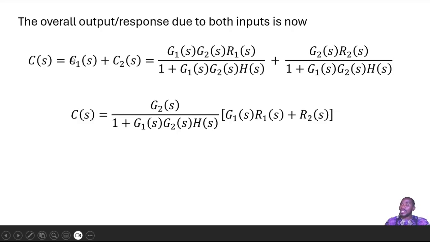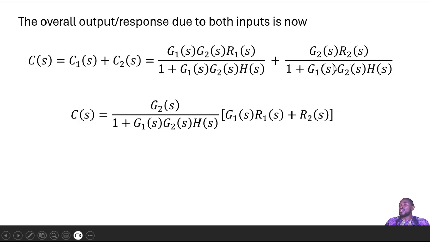Okay, so C1 of S, we found it to be this G1 of S, G2 of S, R1 of S divided by 1 plus G1 of S, G2 of S, and H of S, right? Plus the second output, C2 of S. And this is what we have here. G2 of S and R2 of S, all divided by 1 plus G1 of S, G2 of S, H of S.